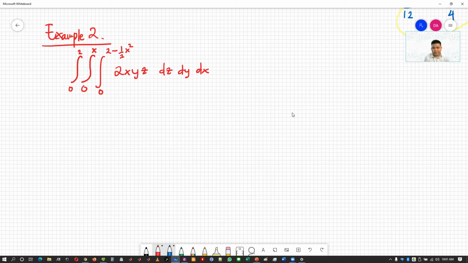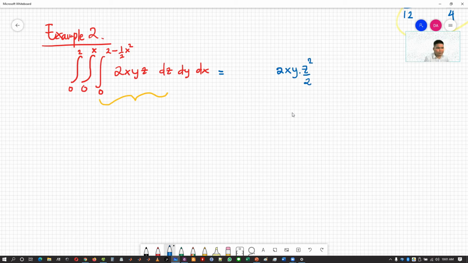Okay, let's just try to do it now. We will consider this first. We integrate with respect to z first. What do we have? This is a constant, so I write the constant first, times z squared over 2.